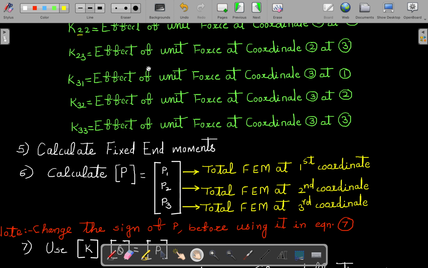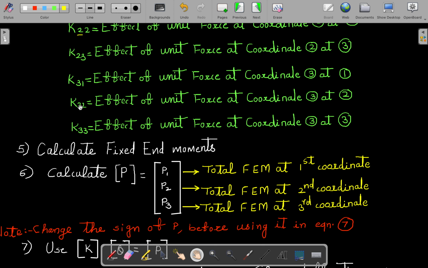For K31 also, when you apply unit force at 3, what is its effect at 1? When some force is acting at place 3, because of that force, what is happening at place 1, that we are going to see.